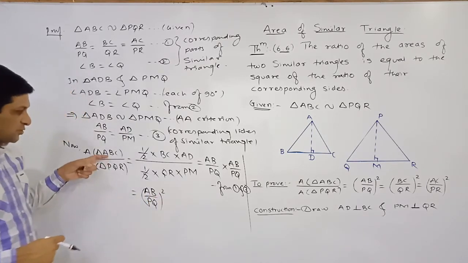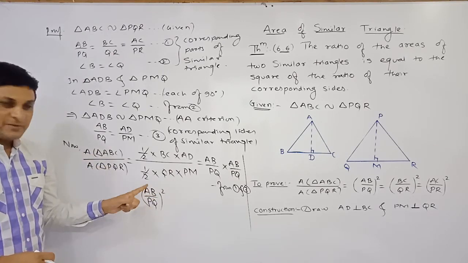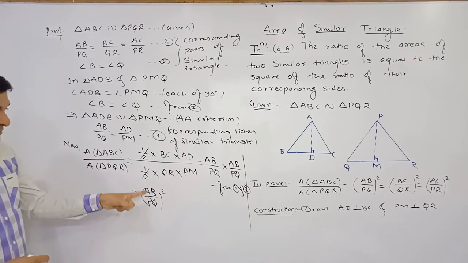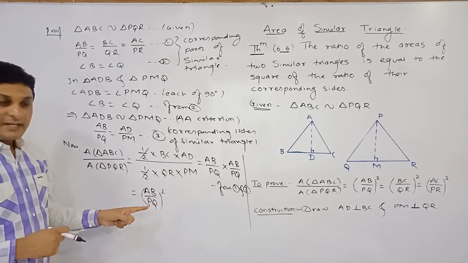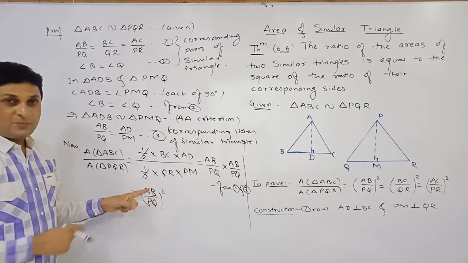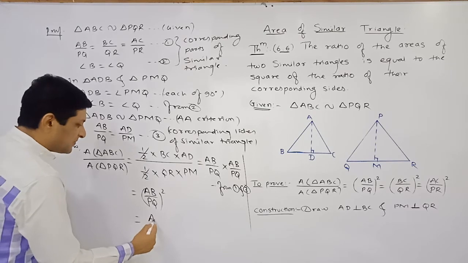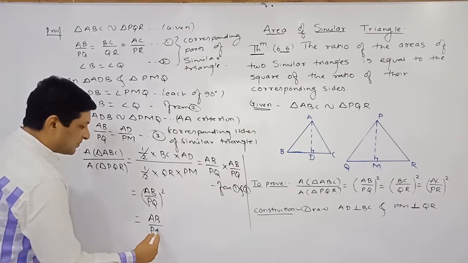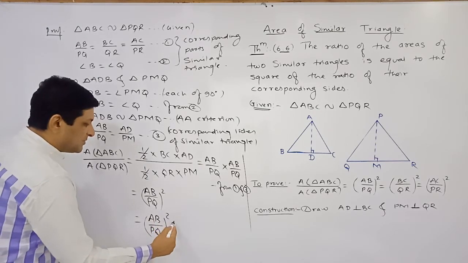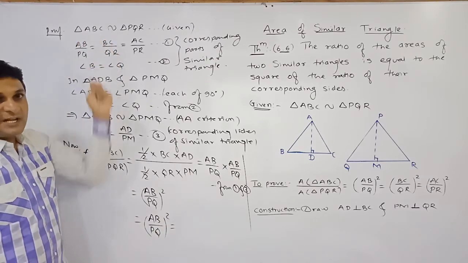So in this way we have shown that the ratio of the areas of two similar triangles is equal to the square of the ratio of corresponding sides. But here we have got the ratio of one pair of corresponding sides. If you observe equation number first, this AB upon PQ can also be replaced by BC upon QR.